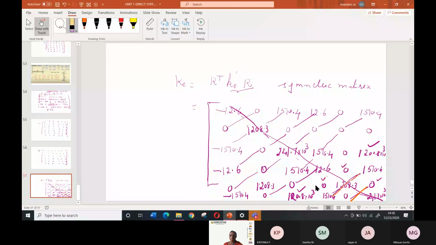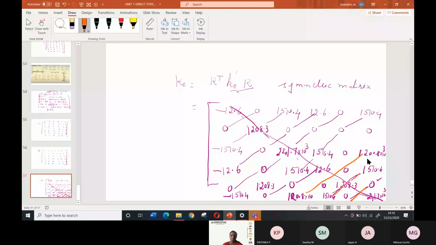So they will be connected like this. I'm not able to write perfectly using this board. If you connect this one, the upper part should be symmetric to the lower part. So this value should be equal to this value, and this value should be equal to that. Diagonally, they are correct.